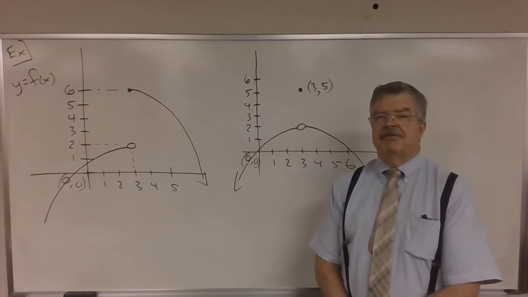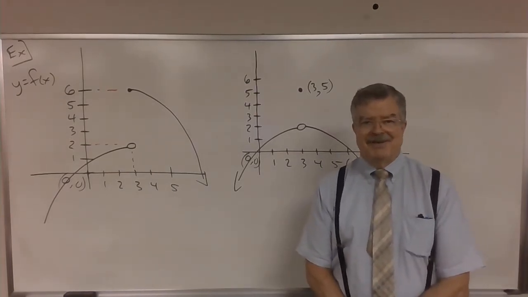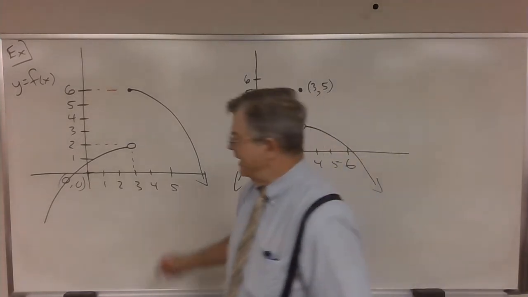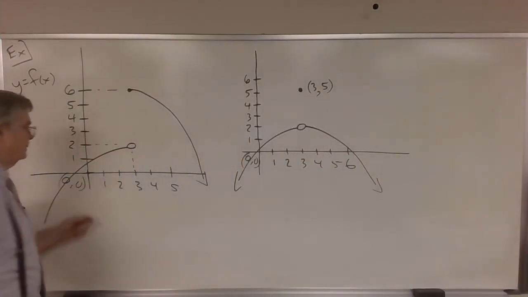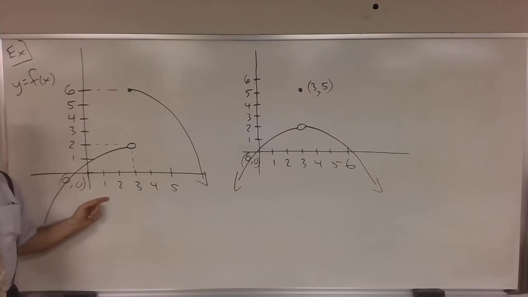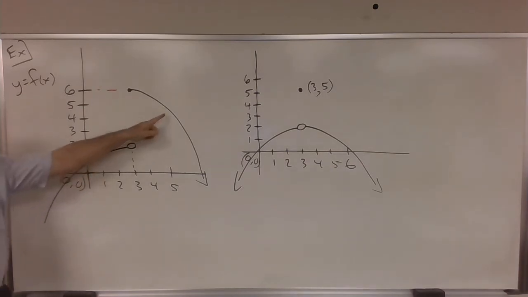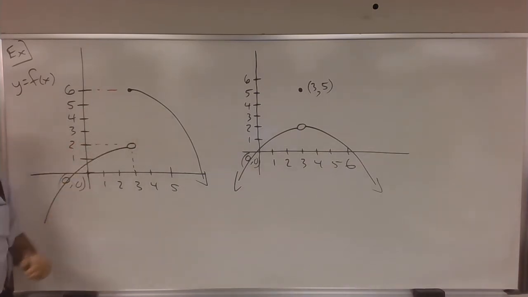Okay, we're back with some more examples of continuous and discontinuous functions. Let's look at this thing. Is it continuous or is it discontinuous? Now, probably you're looking at this and saying, well, here's one piece of the graph here. Here's another piece of the graph here.